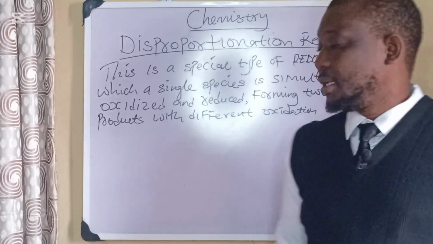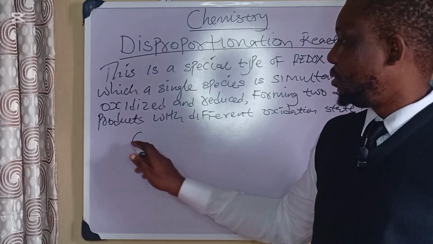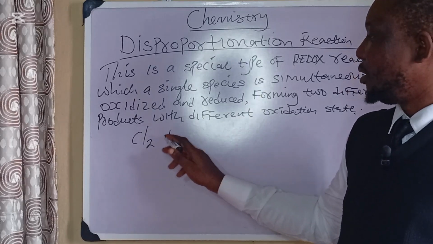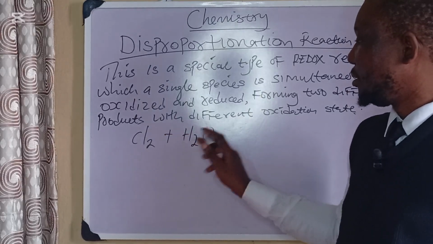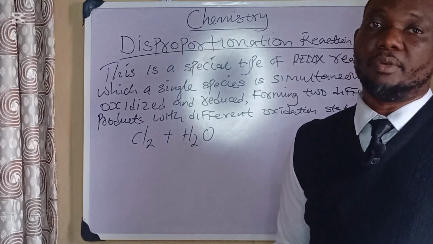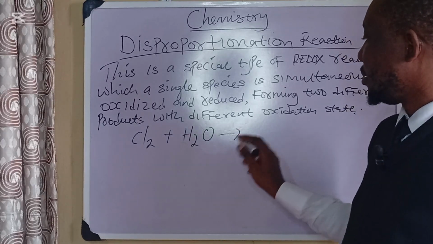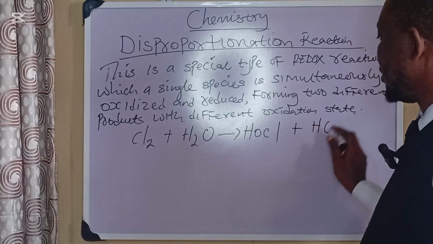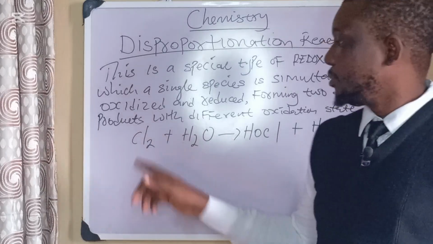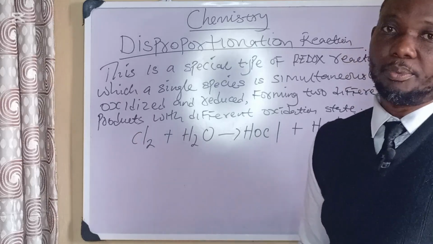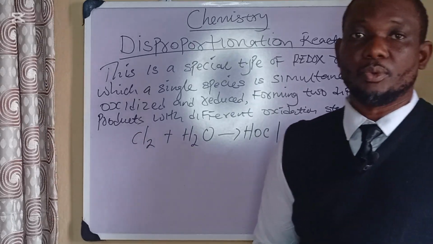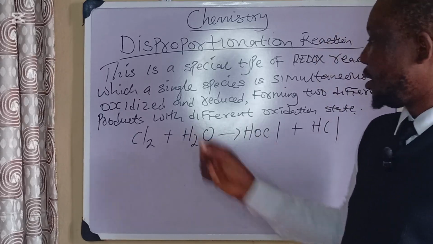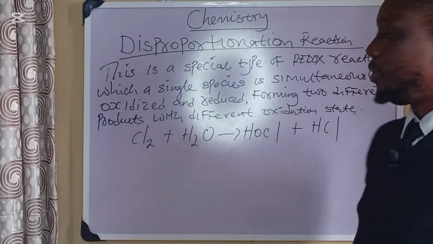As in the case of the chlorine molecule with water, you should know that this reaction will always give chlorine water, such as this acid and this acid, two acids. The atoms here break up, and then one combines with water to form this, and one combines with each atom of water to also form this.